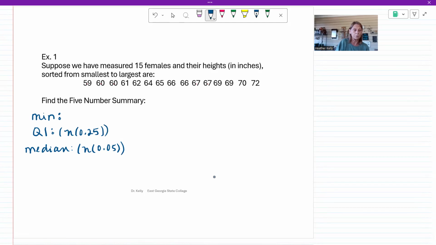I'm leaving out a parenthesis there. You don't need it. And n times 0.75. Y'all, I'm so stinking tired. Okay. All right. So this will be 50%, 25%, 50%, 75%. And then we need our max.